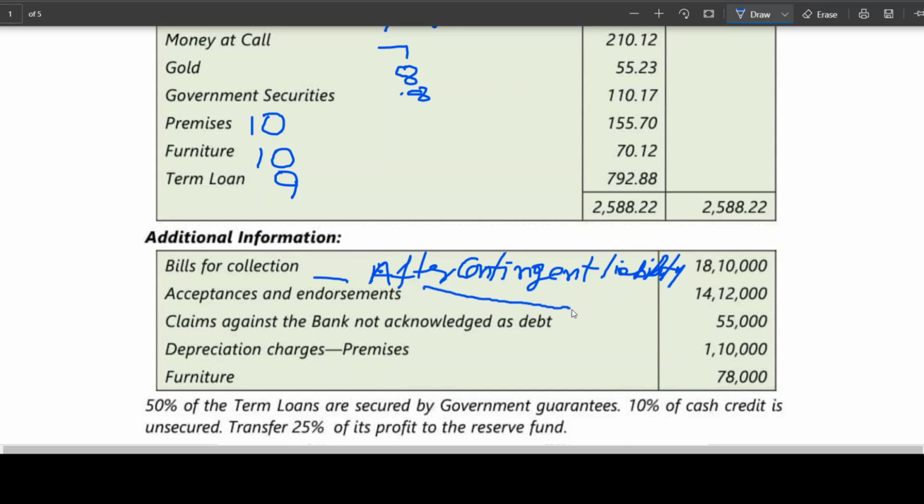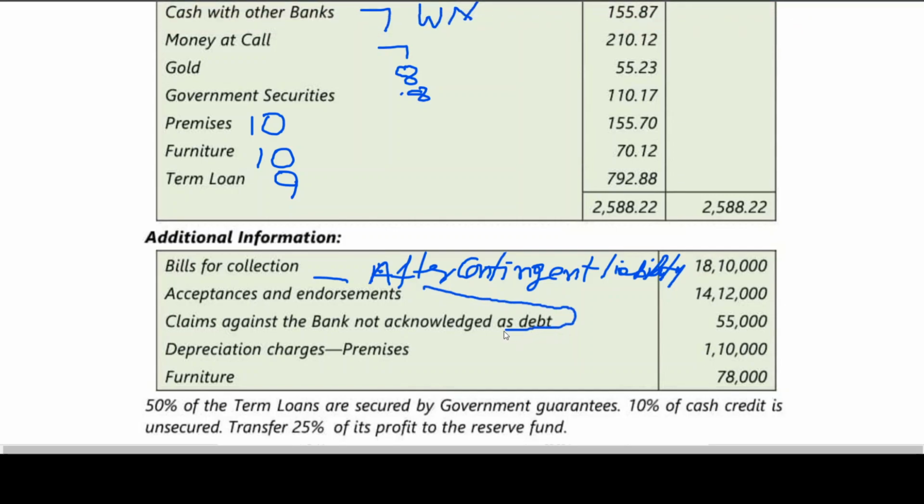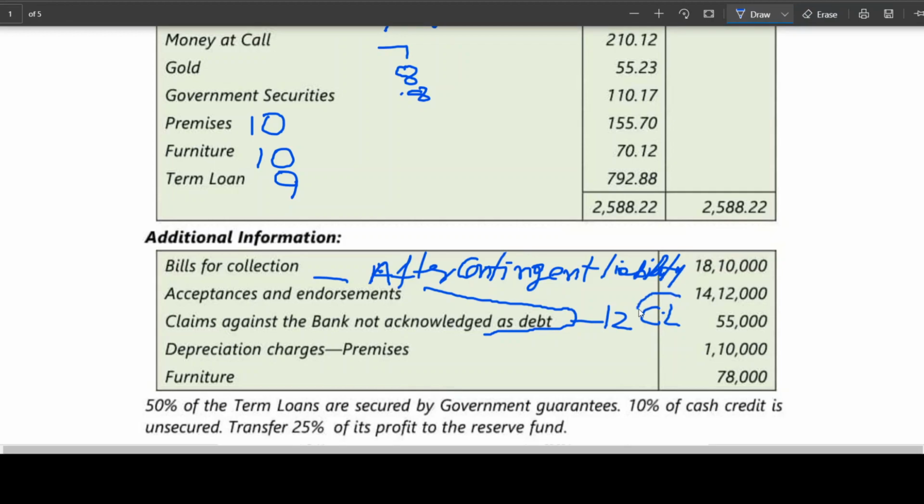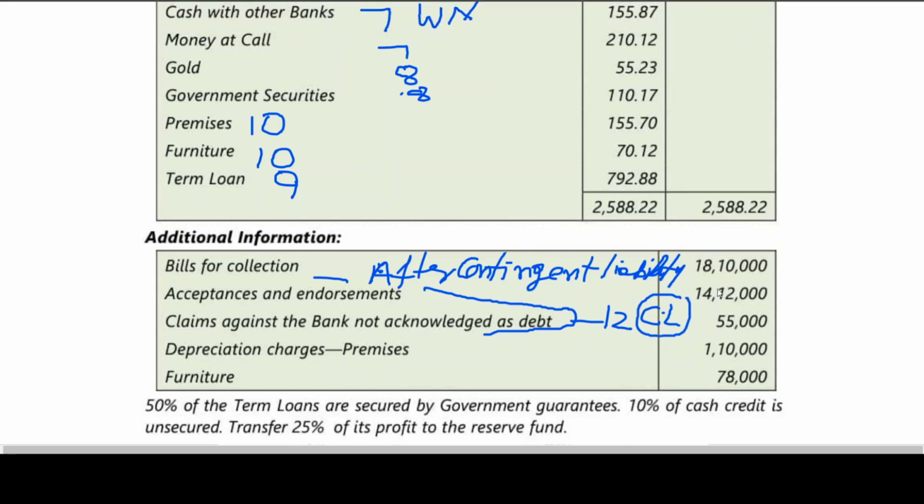Acceptances, endorsement, and claims against the bank, these come under Schedule 12, which are contingent liabilities. After these contingent liabilities, the next item is bills for collection. Depreciation charges on premises, these two will be deducted from the concerned asset under Schedule 10.